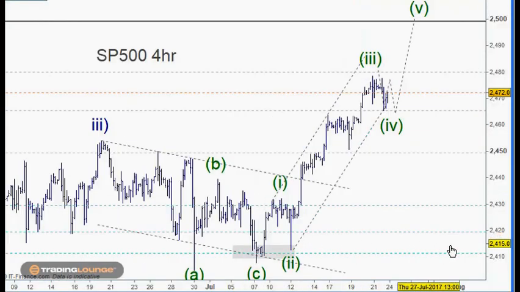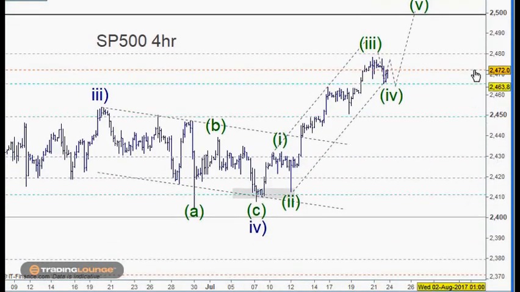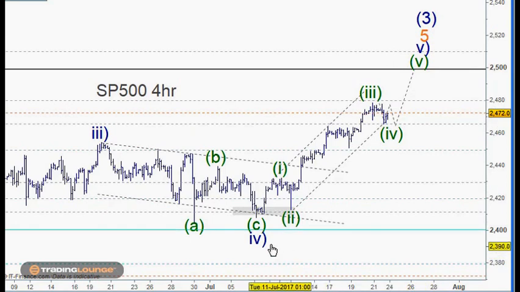We're looking at this scenario from wave 4, so 1 and 2 and 3 here and 4 here, within group 2, that's what we expected, and then wave 5 up. I'm just assuming it's going to find its way up to the 2,500 here just as a psychological finishing line, but we'll take one step at a time.